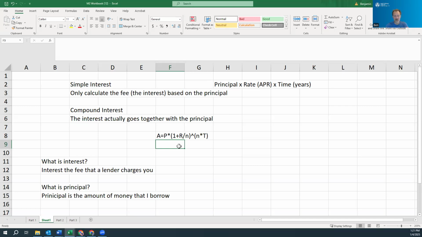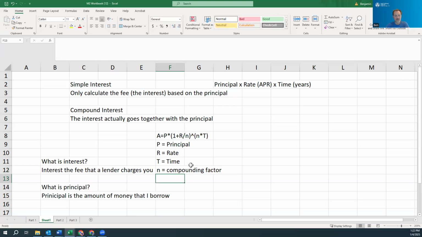What's different is this letter N. So P, principal, R equals rate, T equals time. And N is a special number that tells us about the compounding. So this could be happening monthly, annually.